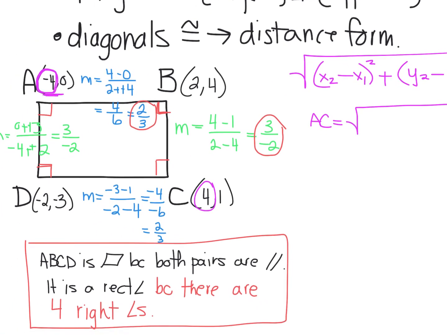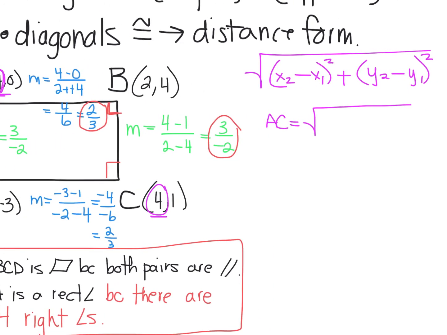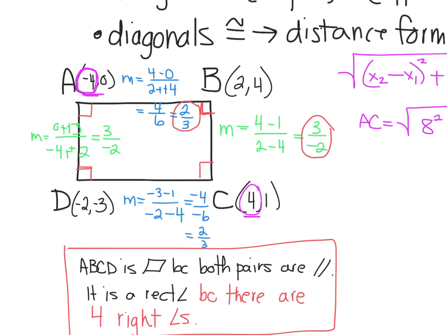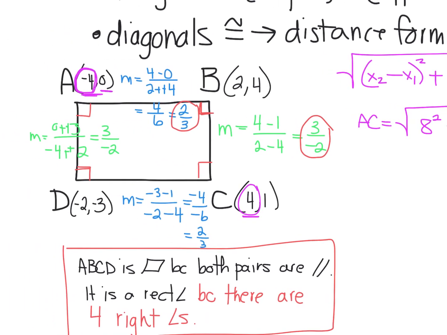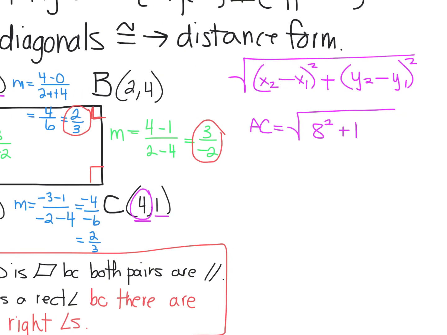How far apart, because we're seeing the distance, how many total steps on a number line, picture in your head how far apart -4 and +4 are. They are 8 units apart, and I would square it. Plus, let's do the same thing for the Y's. 0 to 1, how far apart are those? 1 unit apart, and we'd square it. So here we would get the square root of 64 plus 1. This is going to equal the square root of 65.